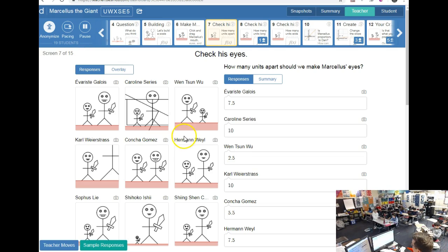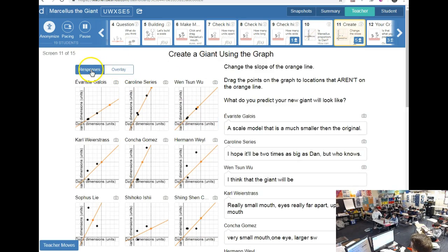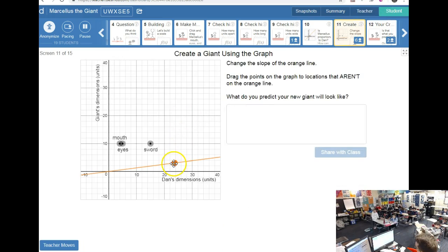So if I look at this one, right, and I drag this to like 2020, what would it mean that this line hits like 1010, 2020, 3030, 4040? Like, what does that actually mean about the giant compared to Dan?